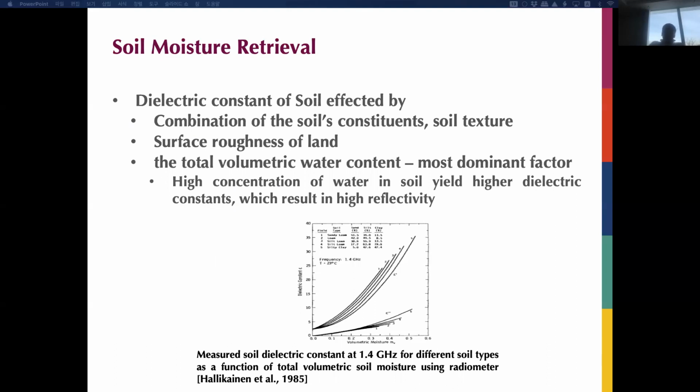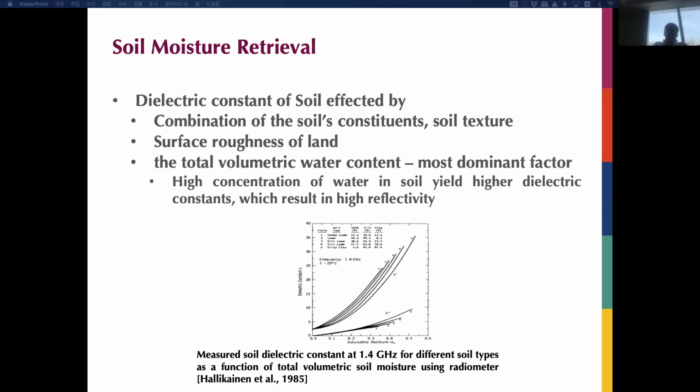In his paper, he measured the dielectric constant and soil moisture using reflected microwave signals. In this graph, you can see a positive relation between the dielectric constant and the volumetric soil moisture.